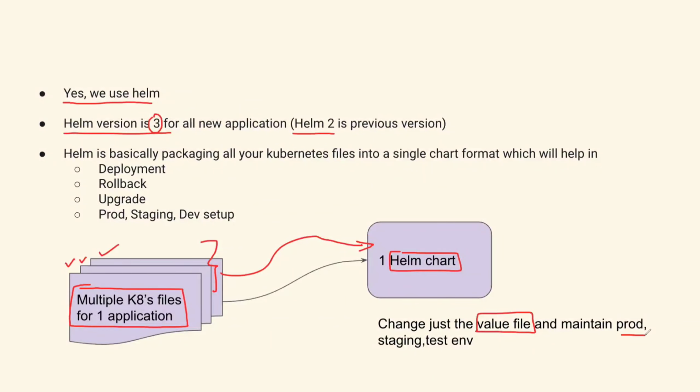That is, we can maintain a production deployment, we can maintain staging, testing environments, etc. That is the use case of Helm chart. Also, it makes the deployment easy, it makes the rollback easy, the upgrade also becomes easier, and maintaining multiple sets of environments also becomes easier.